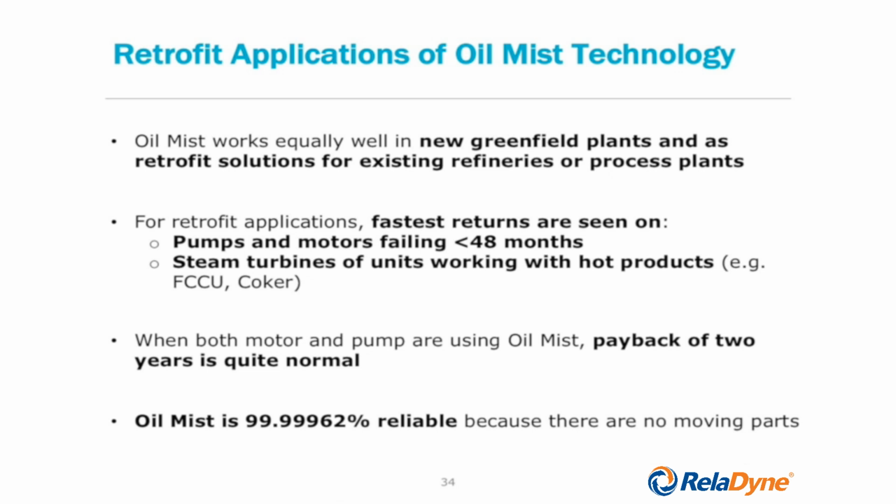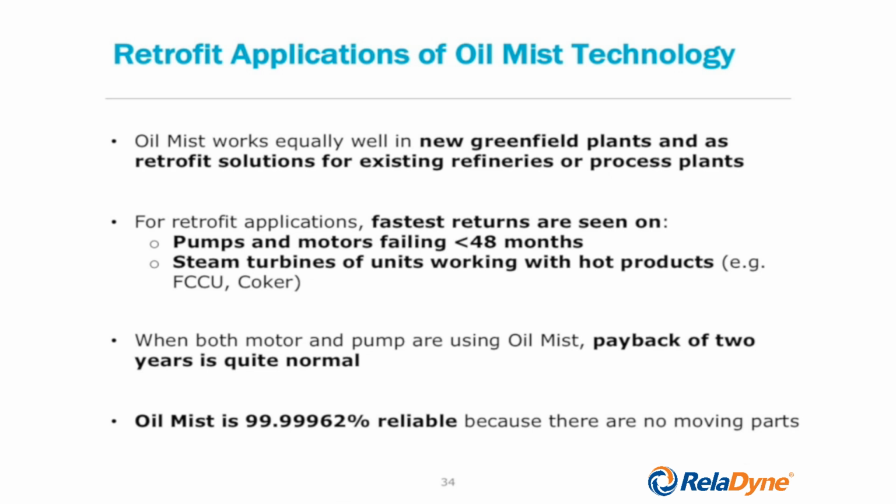On the second point here, it says for retrofit applications, the fastest returns are seen on pumps and motors, where presently you have failures more often than every 48 months. In other words, if you fail motors every 36 months or every 28 months, then that would be a candidate where without any difficulty, you will see cost-justified modifications in oil mist.